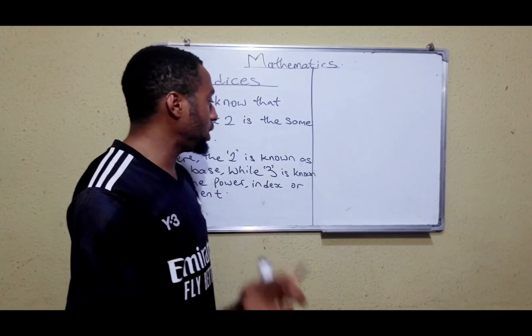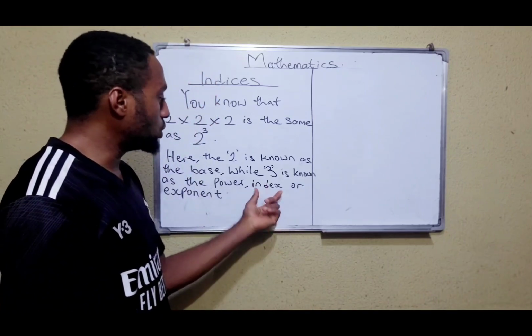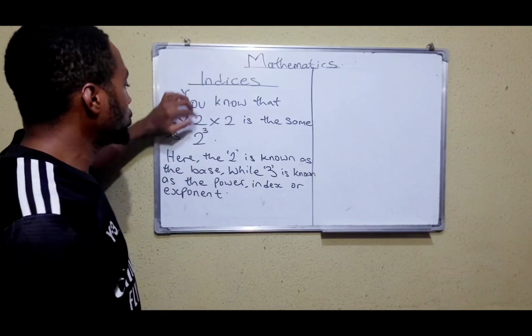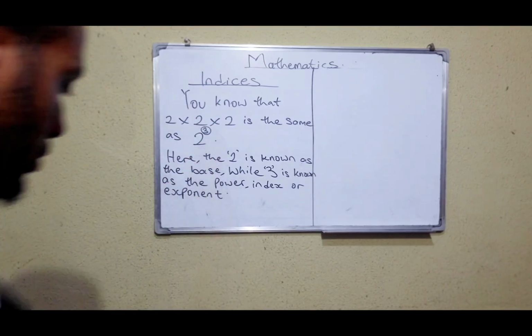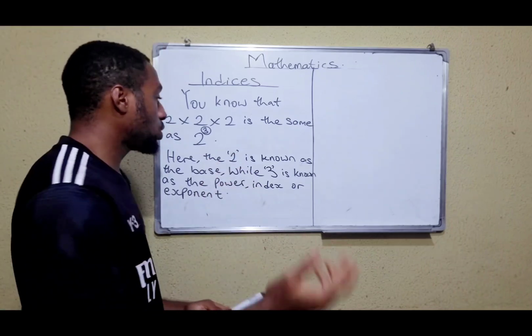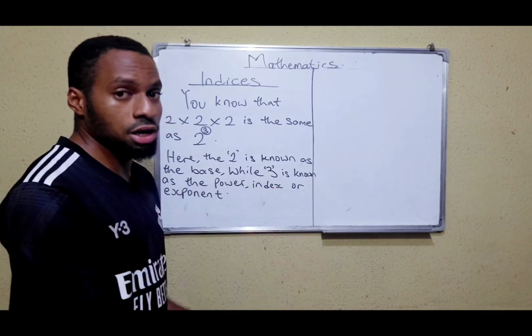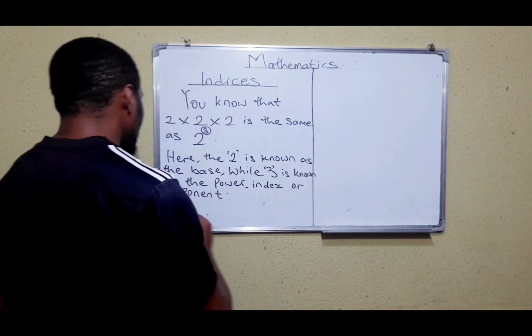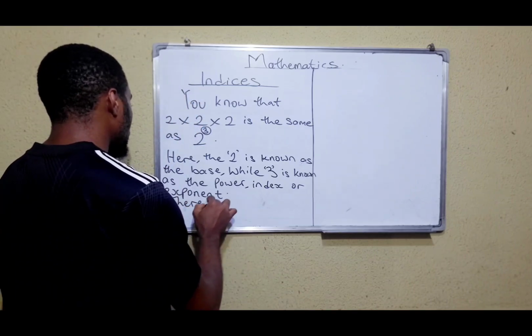And please take note that this word index is the singular form of indices. So this particular 3, you can call it the index, you can call it the power, or you can call it the exponent.